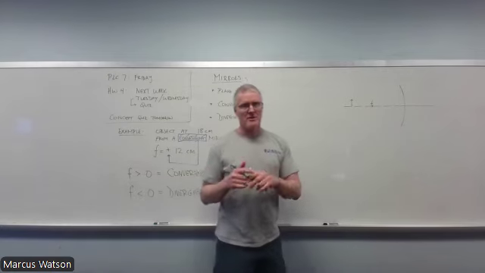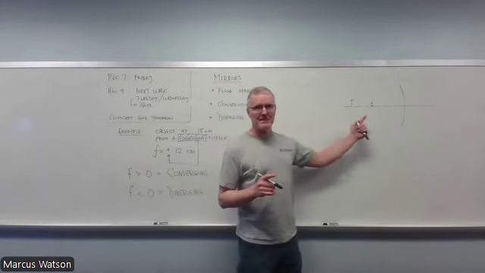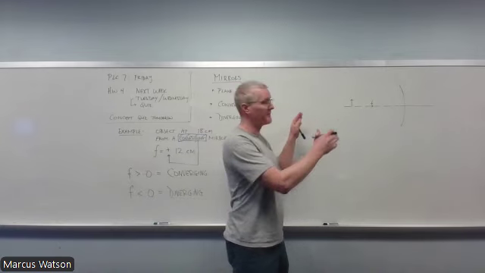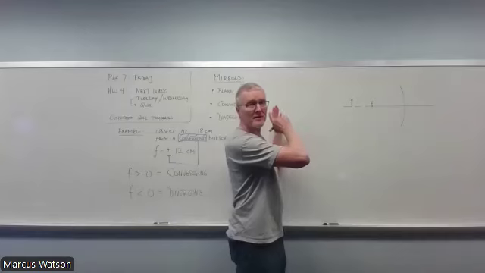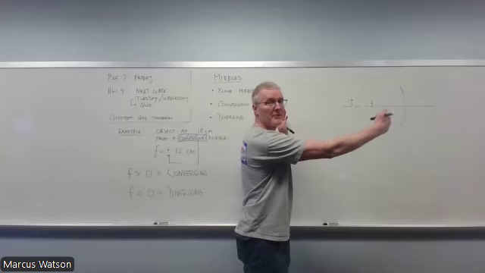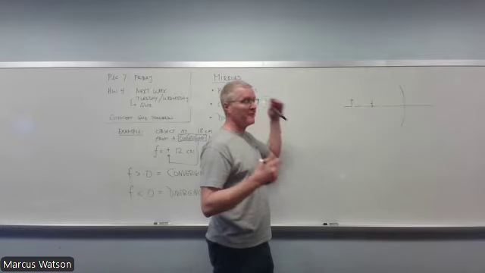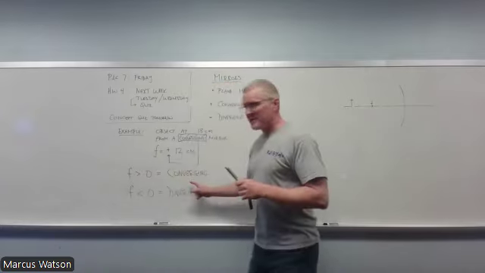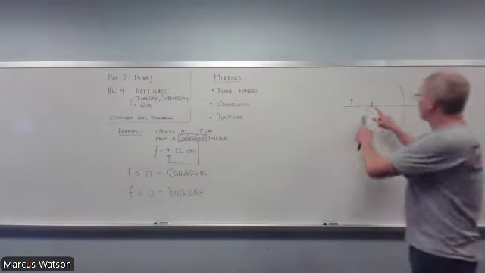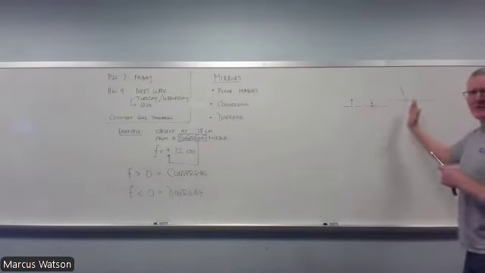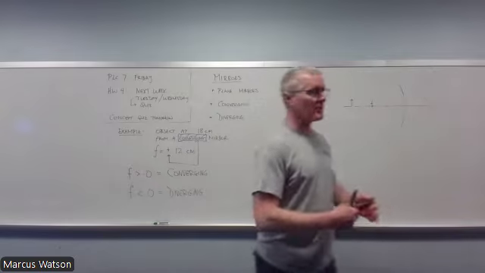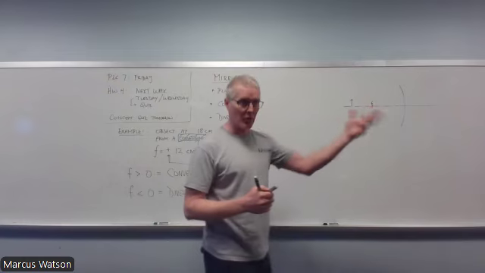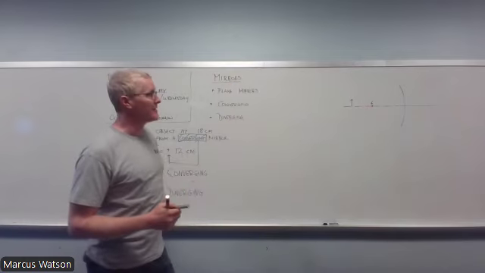Let's review sign conventions one more time. The object distance is positive, which is typical for us to put it on the left side of the mirror and then have the light go left to right, bounce off the mirror, and come back right to left. The focal point is positive. What that means is the focal length is in front of the curved part. When we have the diverging mirror this way, the focal length is on the other side of it where no light is, and that's why it's going to be negative.